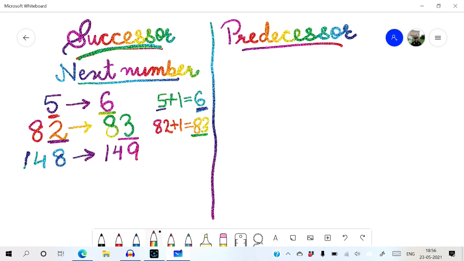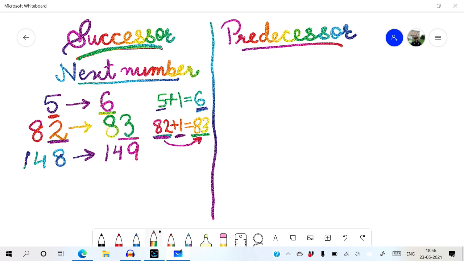So 83 is the successor of 82. It means when 82 got some success, what success did 82 get? 1 was added to 82. So when 82 got some success, it got a successor which was 83.